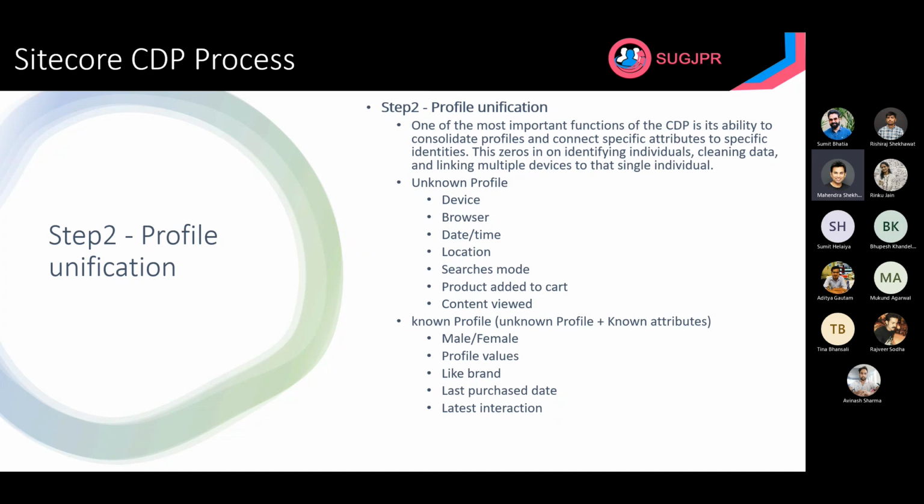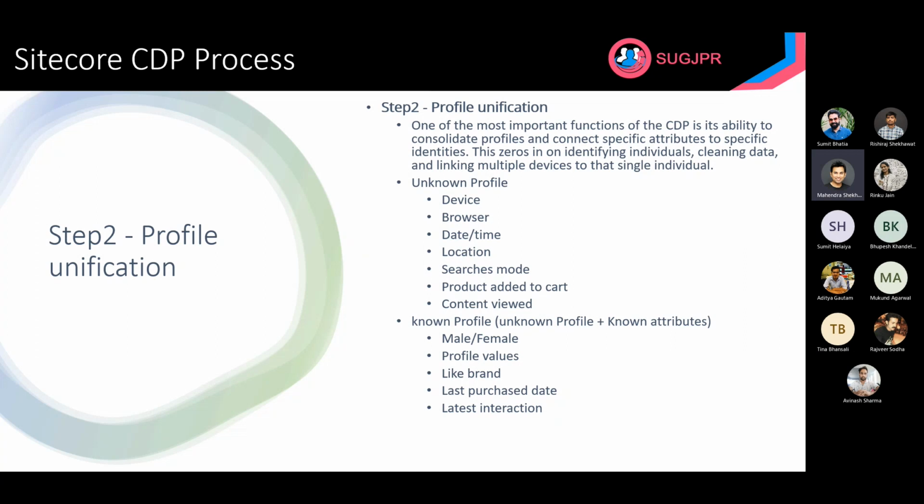An unknown profile is one where we are not sure who our customer is, but we can get the device information, the browser information, what they browsed, date and time, locations, search mode, and products added to the cart.